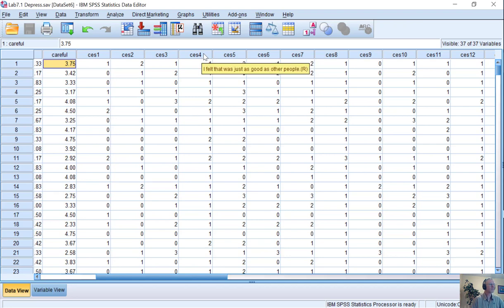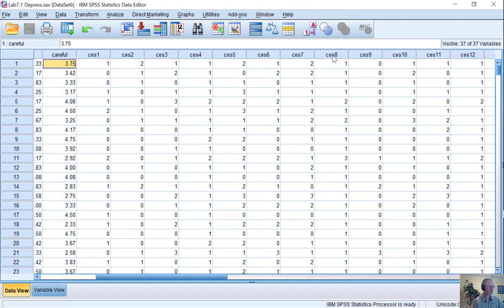Some of these were asked in the opposite direction, but they've already been recoded, so we don't have to recode any of these. You notice, like here, this one was worded, I felt hopeful about the future, but I have a notation there in the code that in parentheses R means that I've already recoded that one so that you don't have to recode it.